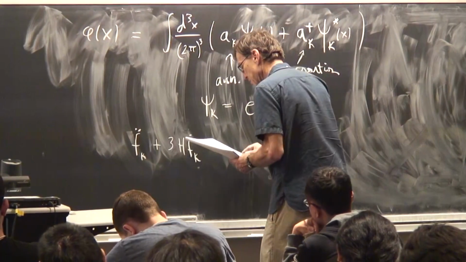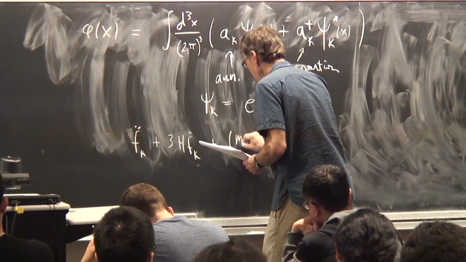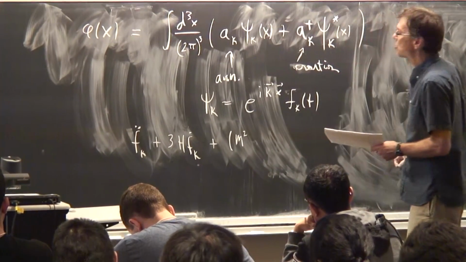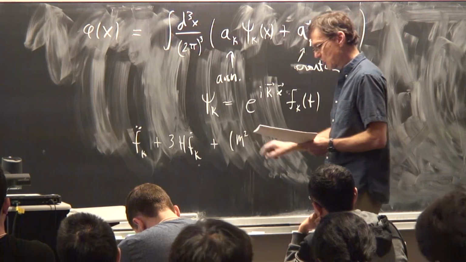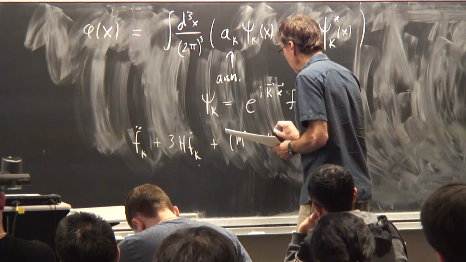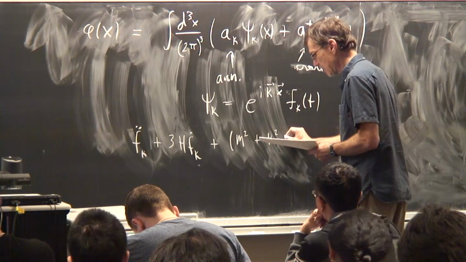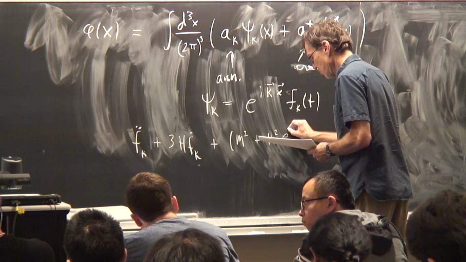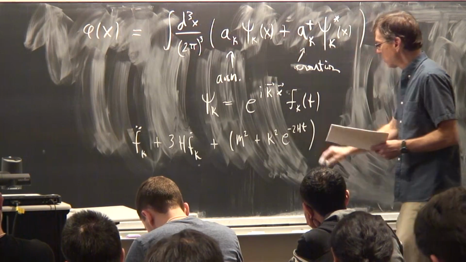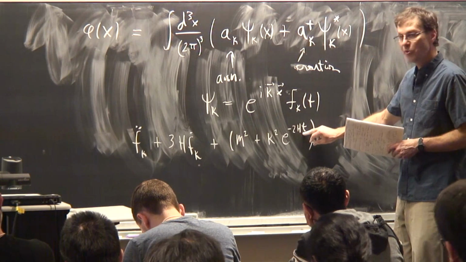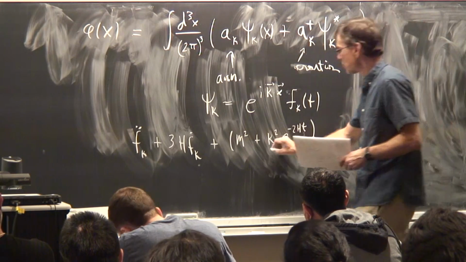This is just the Hubble damping term. And then we get the term from the potential. It's a free scalar field, a massive scalar field, so its potential is just a mass. And then the contribution from the gradient term is k squared, but it gets multiplied by e to the minus 2Ht. And this you recognize, that's k over a squared.